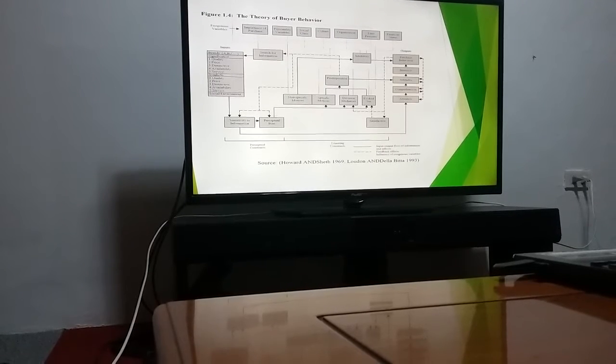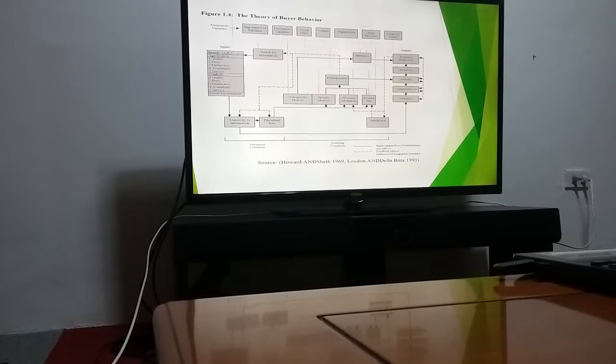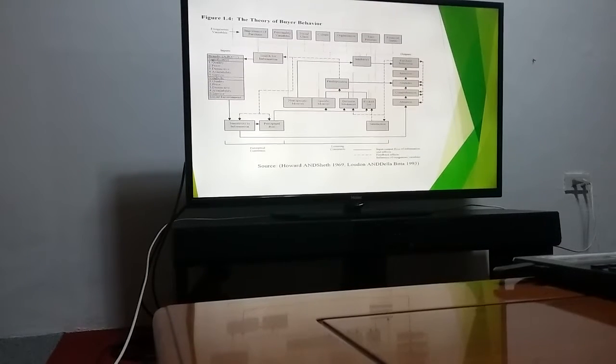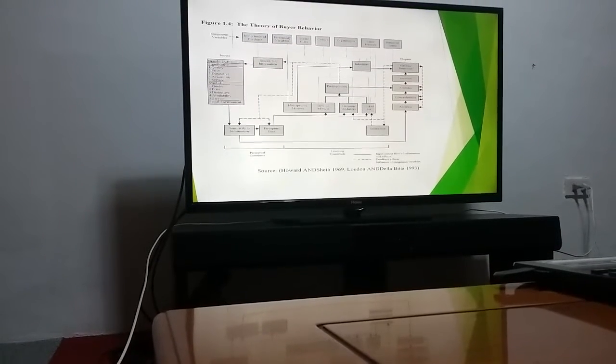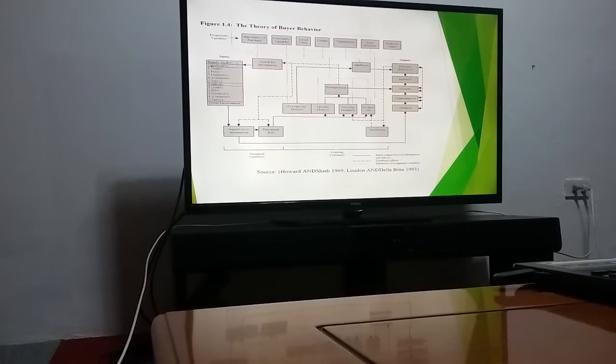So, at the top part, which is the exogenous variable, we have the importance of purchase, personality variables, the social class, the culture, the organization, the time pressure, and the financial status. Under the inputs, we have quality, price, distinctive, availability, service.